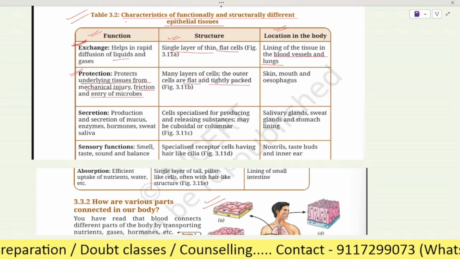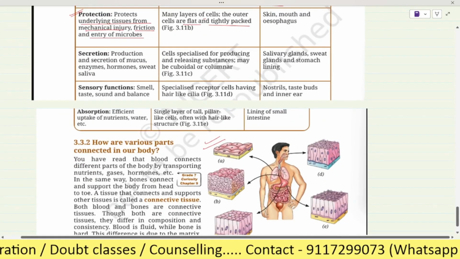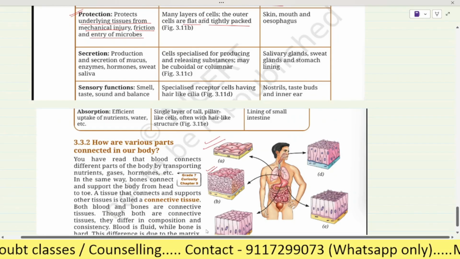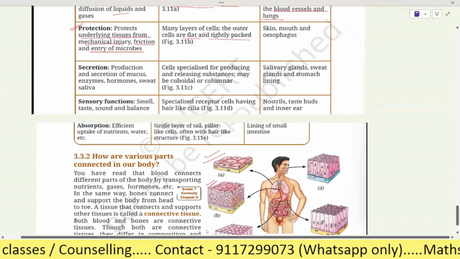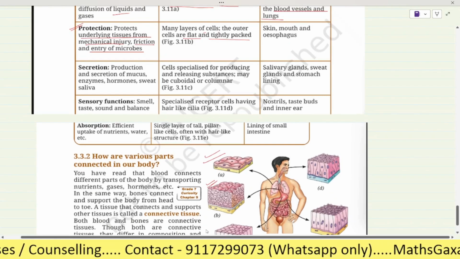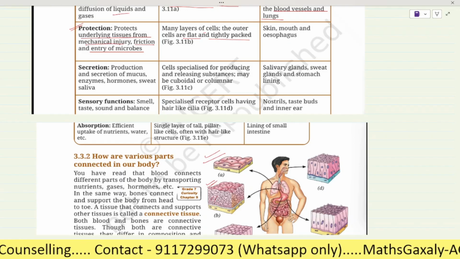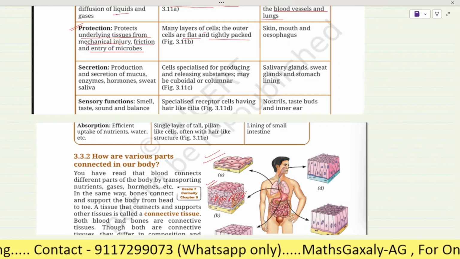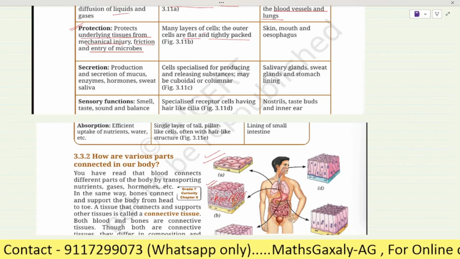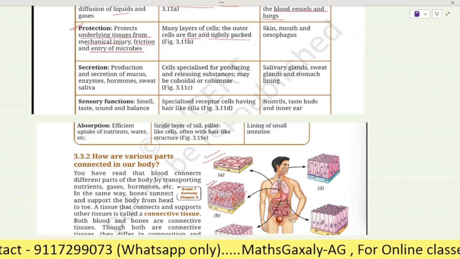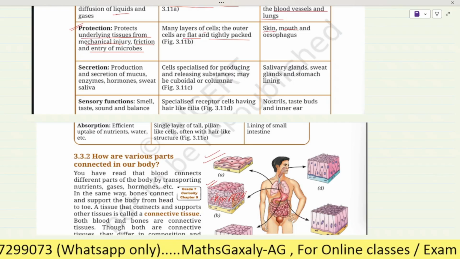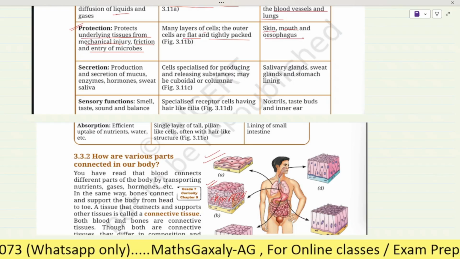You can see figure B. As you can see, the outer cells are flat, and tightly packed with each other. So definitely it will be present in our skin, mouth and esophagus, the food pipe.